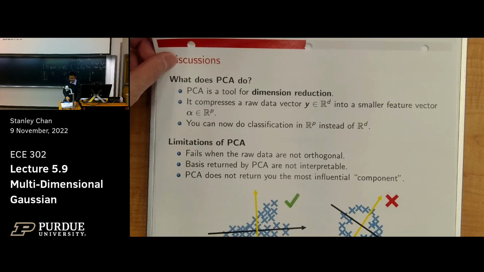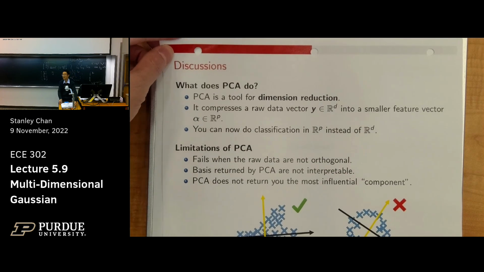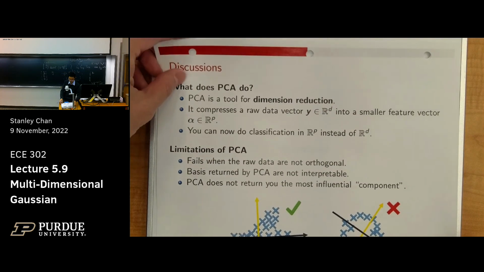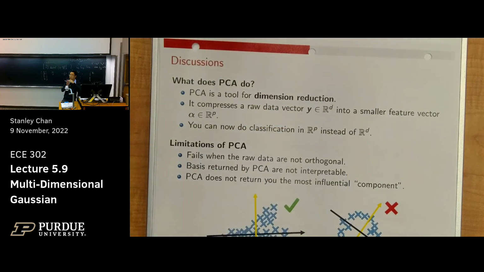The truth is it usually has negative impacts on your report if you don't know what you're talking about. So what is PCA? PCA is a dimensionality reduction tool that can help you go from a very, very big high-dimensional vector to a small-dimensional vector. And then you can do the decision over there. So that is the process of PCA.